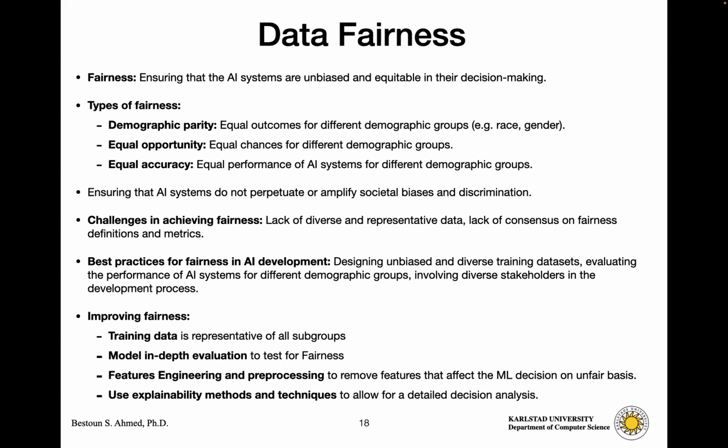Data fairness, type of fairness. Fairness means ensuring that the system is not biased, so it means it is fair. Also, just as in the case of interpretability and explainability, fairness goes with data bias and those techniques that we explained. So type of fairness, we want to make sure that there is equal output or equal decision for a demographic group, for example, race and gender and skin color and so on.